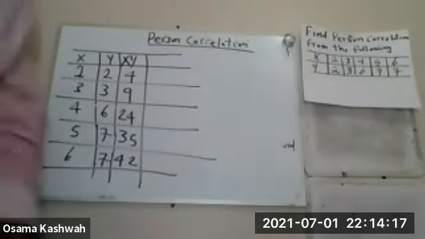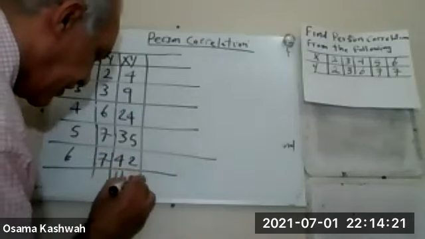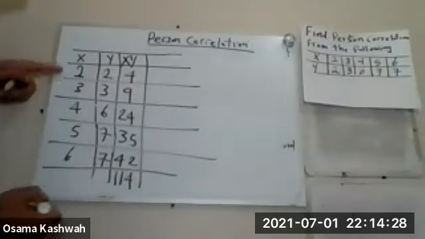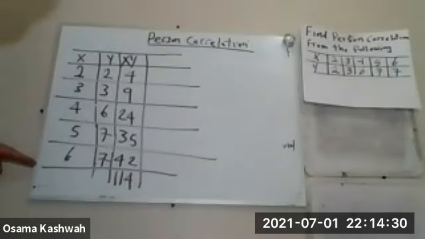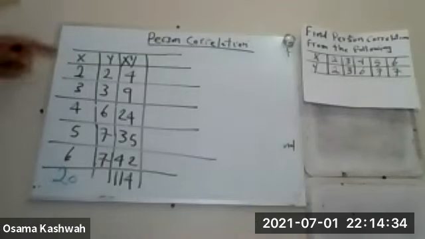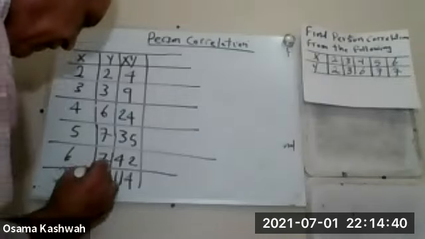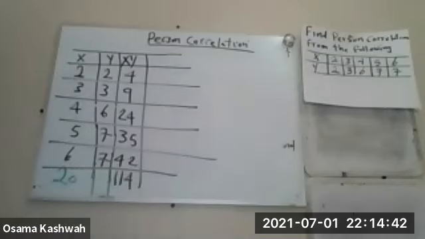And the sum of xy will be 114. The sum of x is 20: 2 and 3 is 5, and 4 is 9, 9 and 5 is 14, and 6 is 20. And the sum of y is 25.